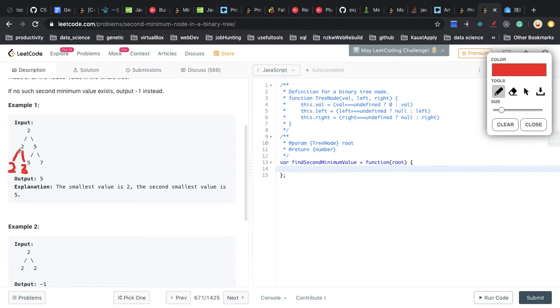Therefore, we go to the next left node and we reach the leaf. And when we reach the leaf, we just return -1, which means on this entire path we have just passed, there is not a node that we want.